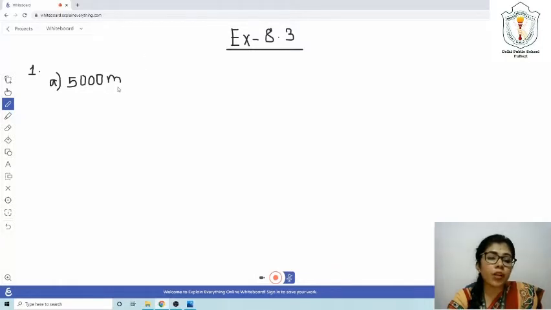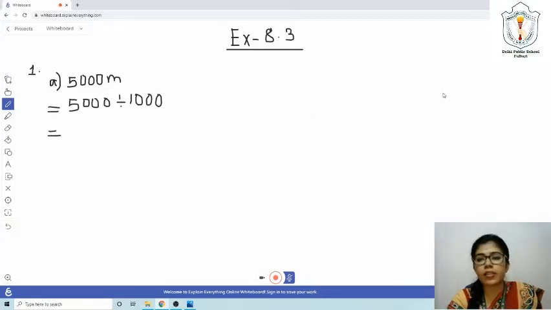When we convert from meter to kilometer, we basically divide by how much? 1,000. So 5,000 divided by 1,000. Give an equal to sign here.